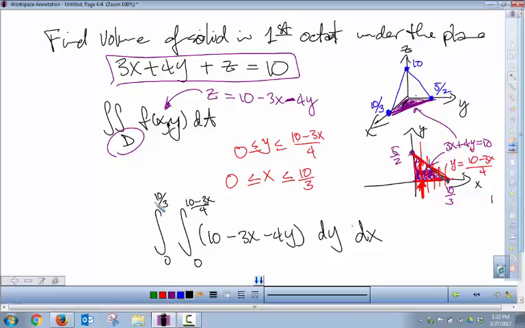Okay, are there any questions? Yeah, you could have done this with respect to x first also, and you would have just about the same amount of work.